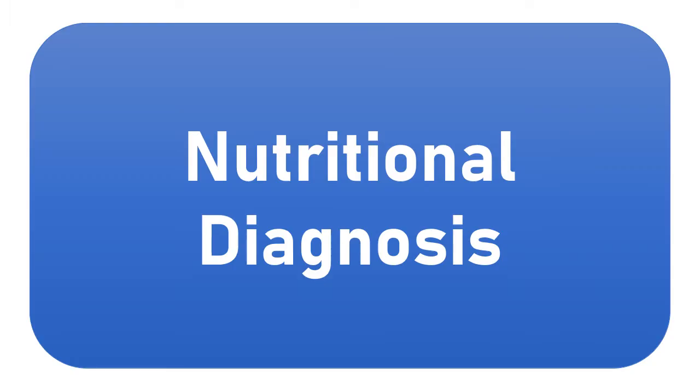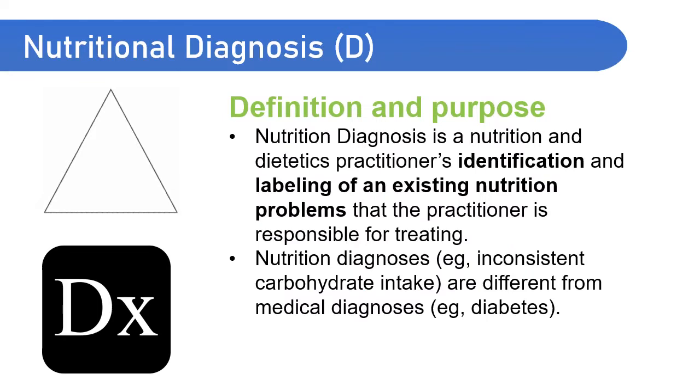Let me have a look at the second component of the nutrition care process, which is nutrition diagnosis. Nutrition diagnosis is defined as a nutrition and dietetic professional's identification and labeling of an existing nutrition problem that the practitioner is responsible for treating.